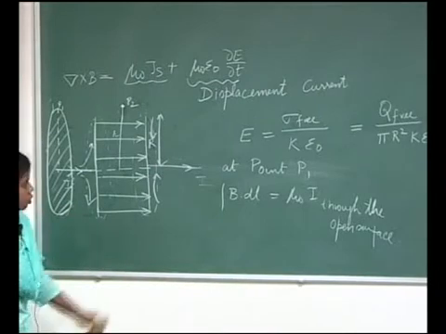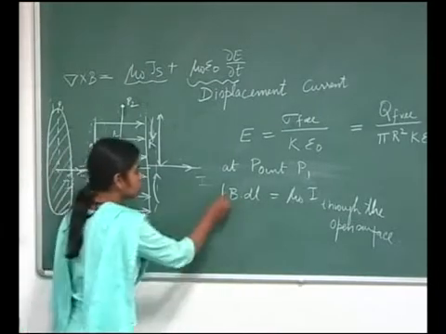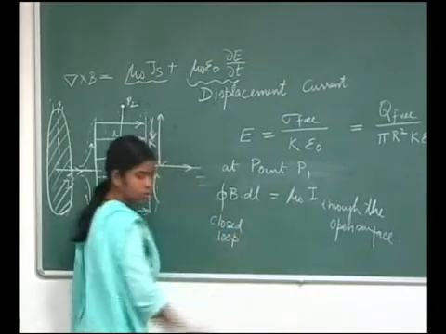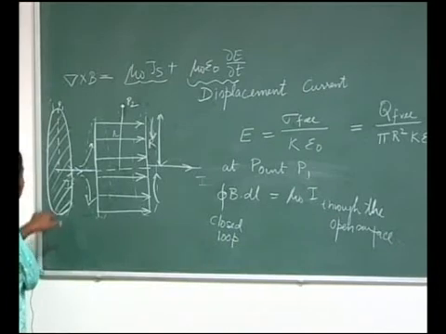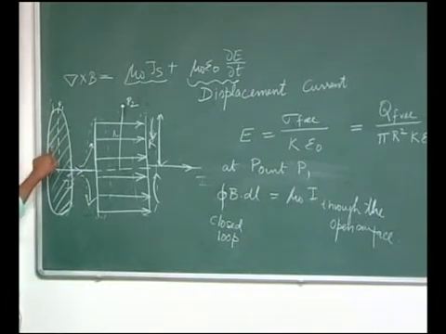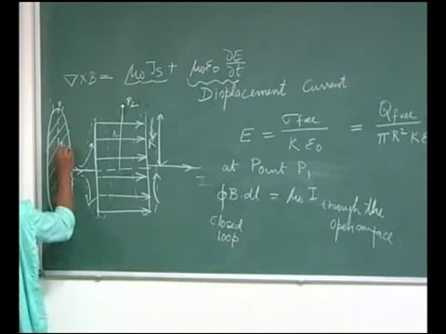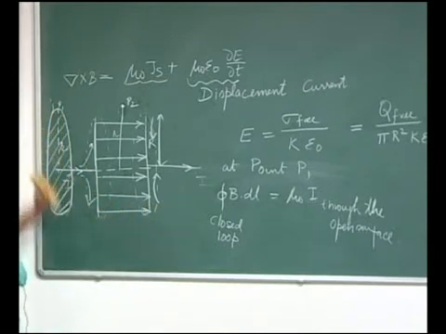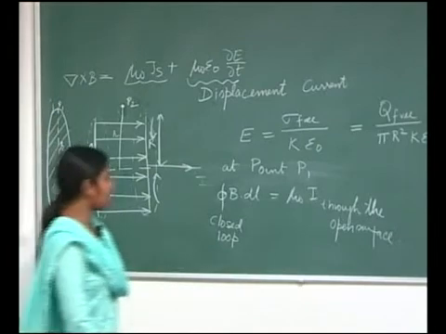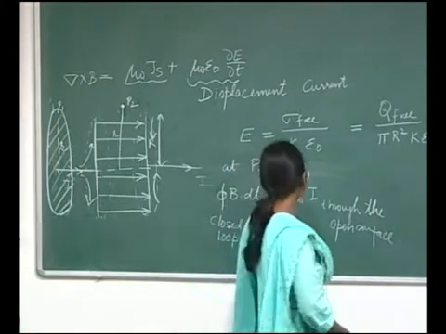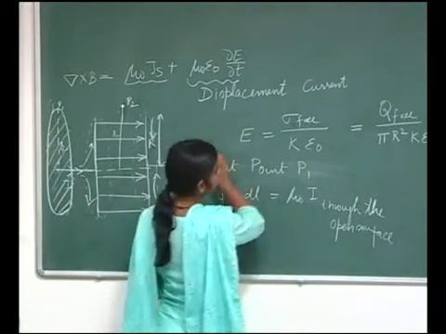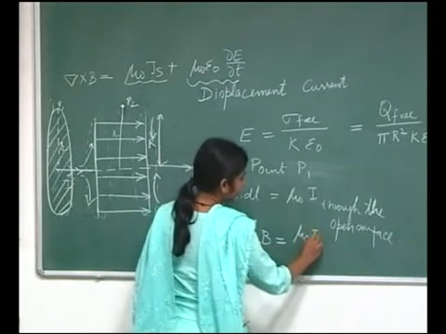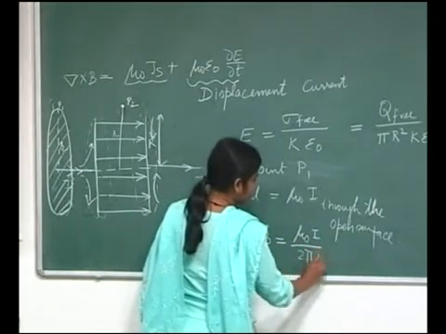So, what is B dot dl integrated over the closed loop? The circumference of the entire circle, with radius small r, will give B into 2 pi r. So, I can write here that B is equal to mu naught I upon 2 pi r.